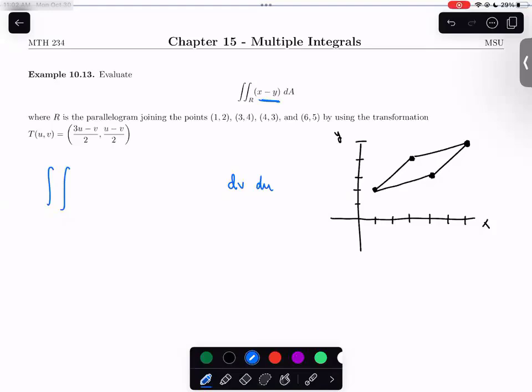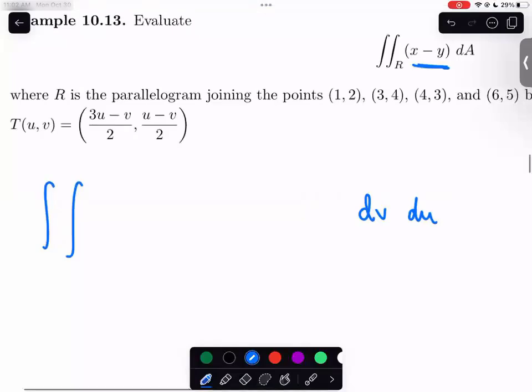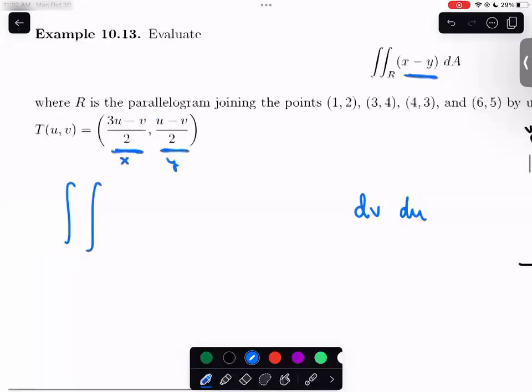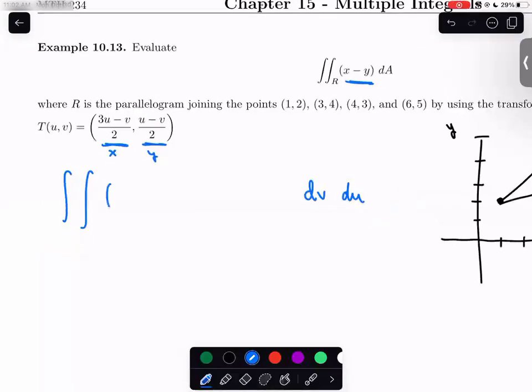But even before that, we need to swap out our x's and y's for u's and v's. So in our case, our x coordinate is equal to (3u minus v) over 2, and our y coordinate is equal to (u minus v) over 2. So if I wanted x minus y, that's one thing I could do right out of the gate: transform my function, which in this case is x minus y, into some number of u's and v's.